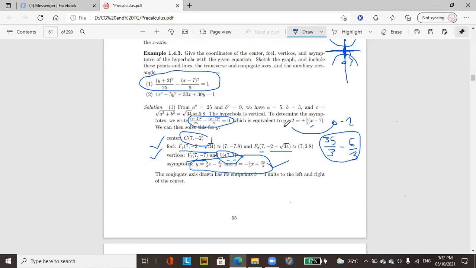Pag solve sa asymptote, kanira gyapon class again kana diha rata mag simplify sa equation sa asymptote. Okay ra na sabtan ra. Now kung sa negative man ni siya nga part, sa positive nga part, pag positive ang 5/3, mao ra gihapon. Pero na negative na siya dinhi.